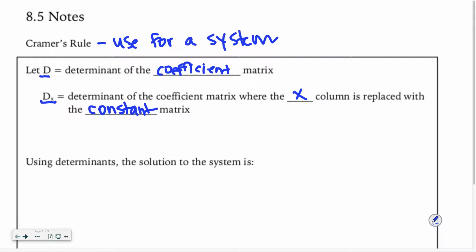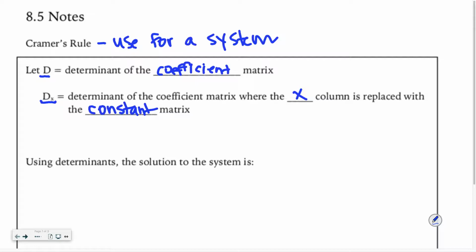If I'm finding d sub x, then the x column gets replaced with those numbers. If we find d sub y, the y column gets replaced with those numbers. In 3 variables, finding d sub z, we replace the z column with those numbers.